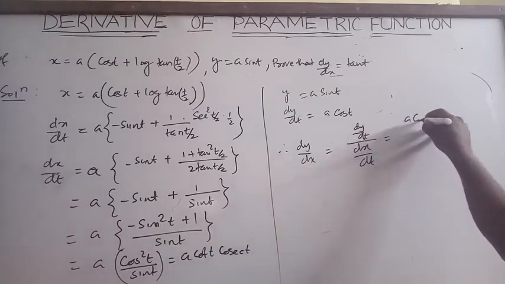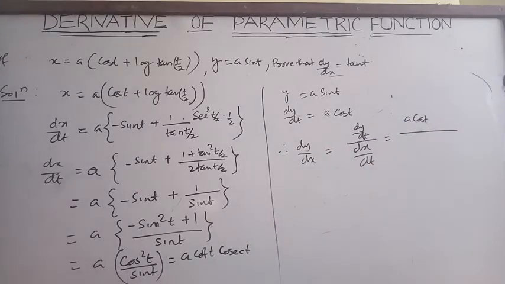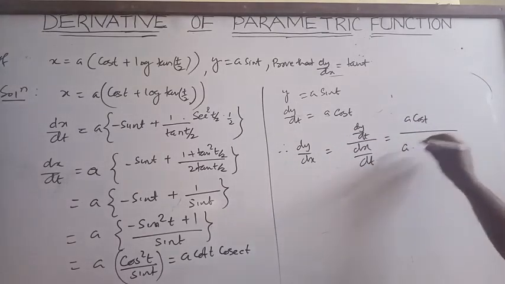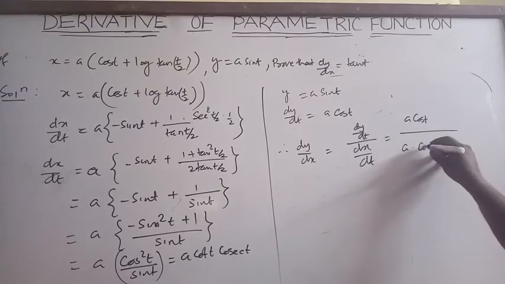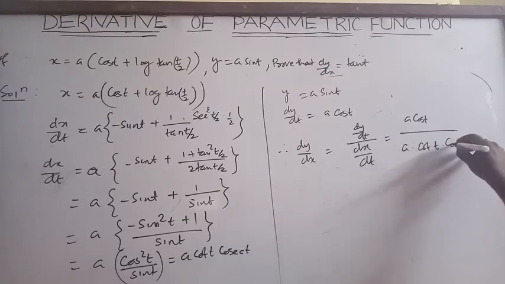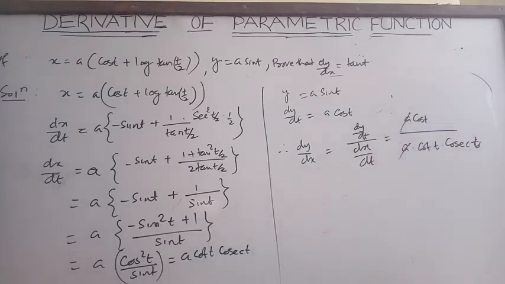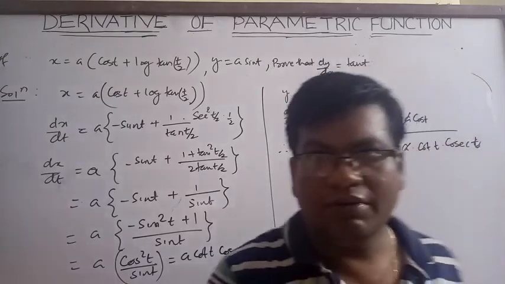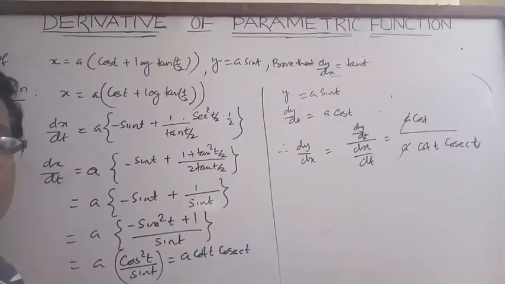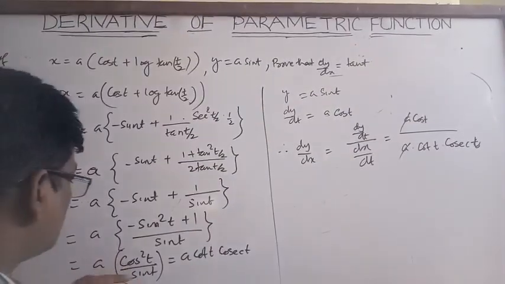So a cos t divided by a into cot t into cosec t. This is a silly mistake here. This is cos square t by sin t.